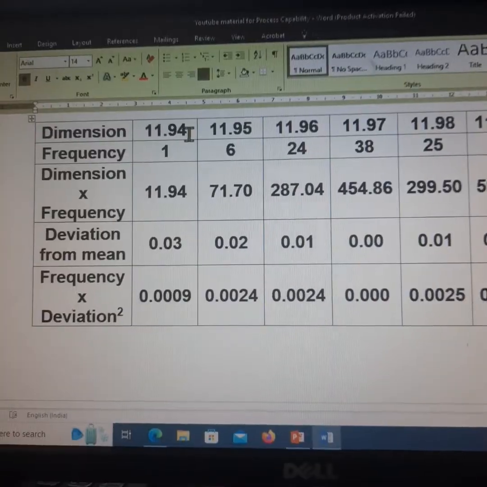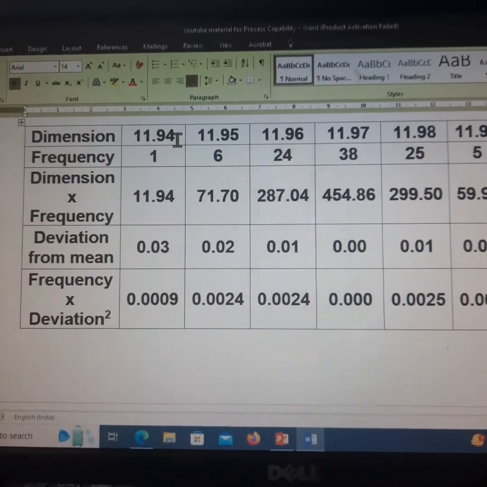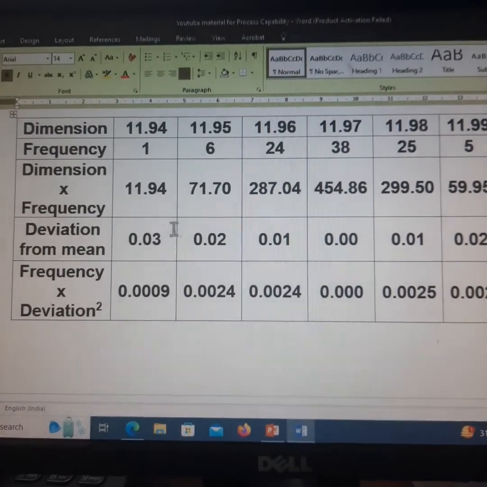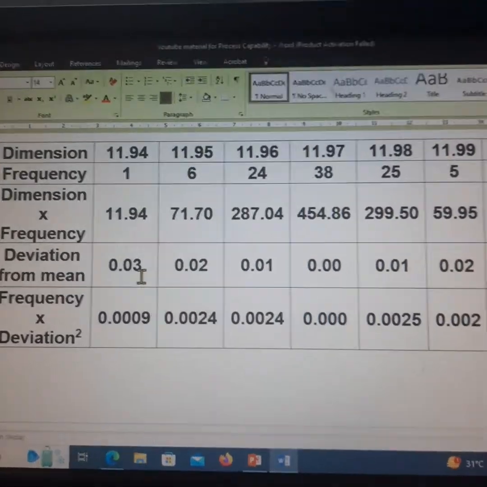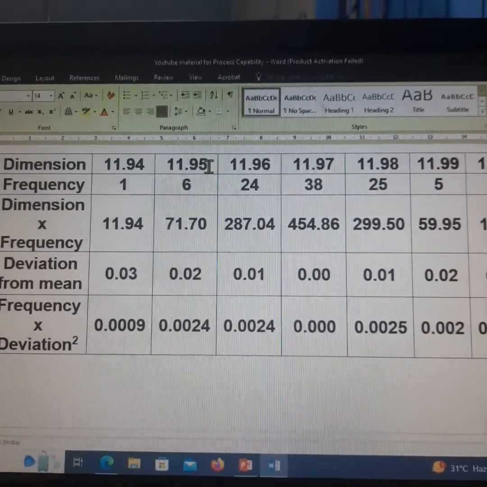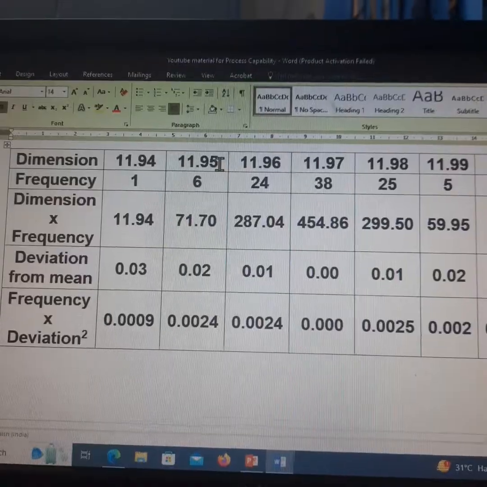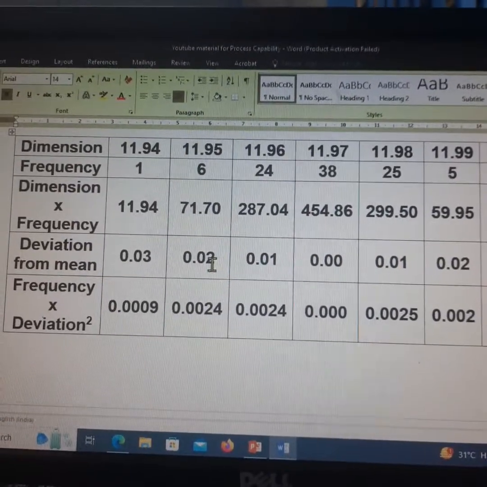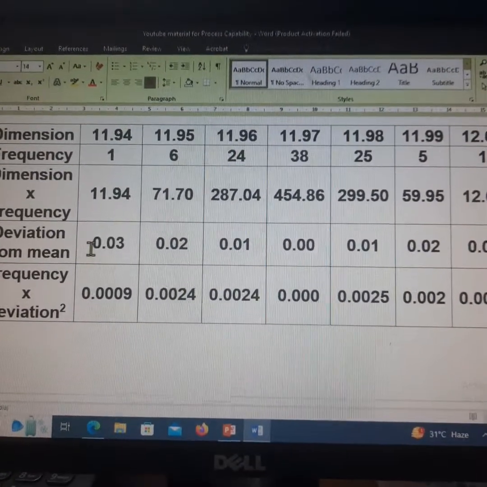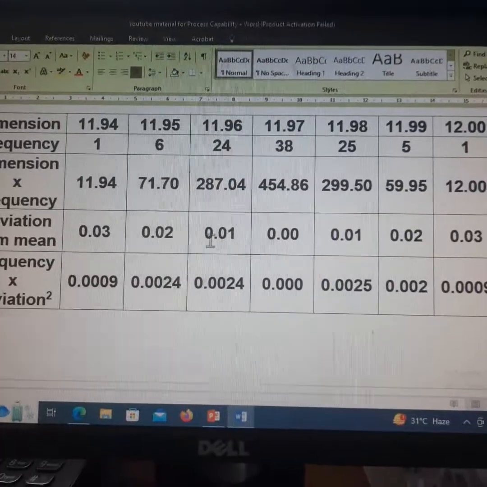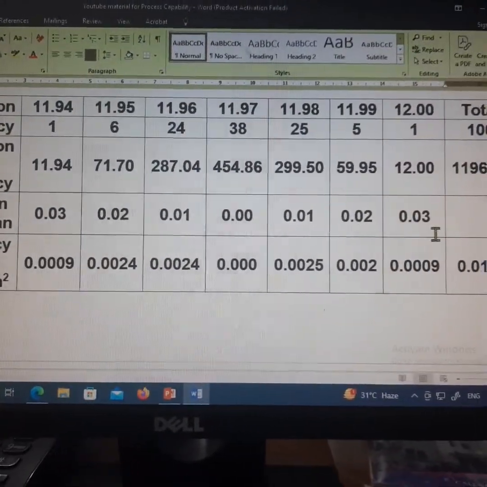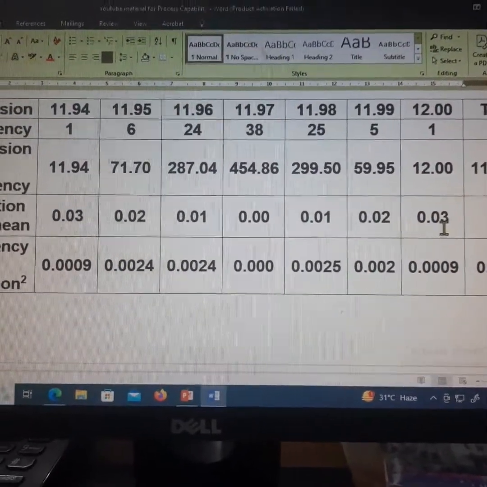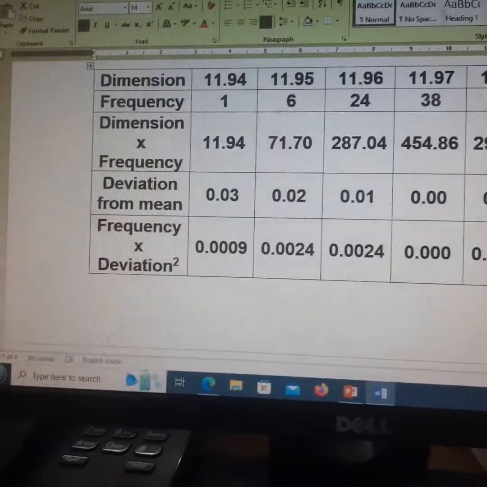So the dimension 11.94 is deviating from the mean of 11.97 by 0.03. The dimension 11.95 is deviating from the mean of 11.97 by 0.02. Like that, we enter the deviation of each individual dimension from the mean value of 11.97 in the fourth row.